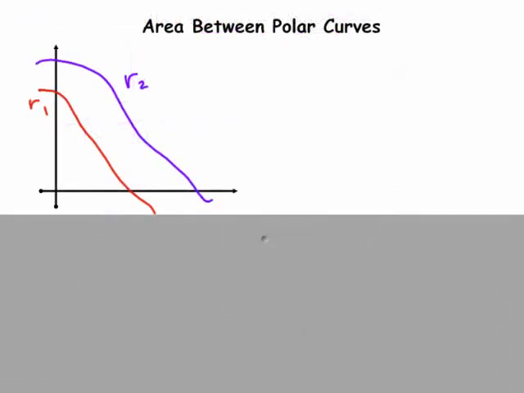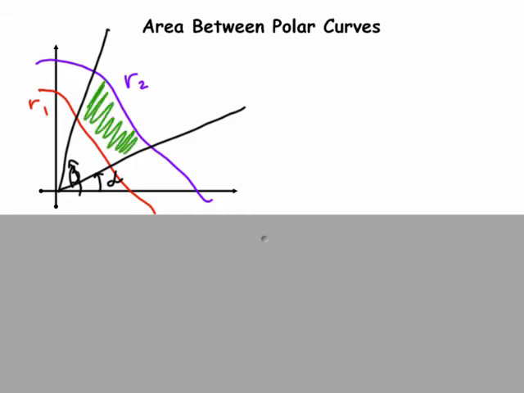And yes, we can extend this idea to find the area between polar curves. Let's suppose I want to find the region enclosed by R2 and R1 from theta equals alpha to theta equals beta. In other words, I want this enclosed region. And so what I can do is take the area between alpha and beta swept out by R2. It's the one furthest out.